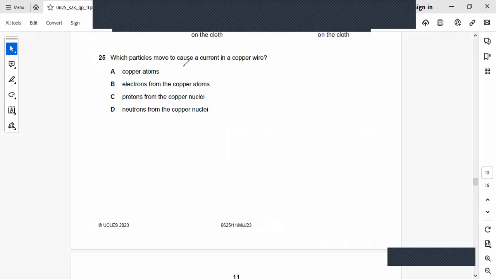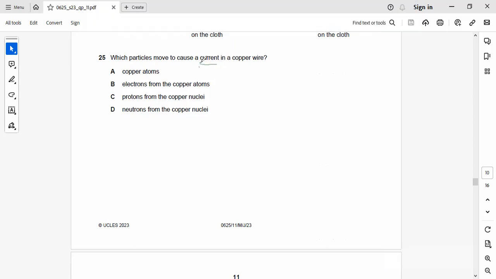Which particles move to cause current in a copper wire? We know current is the flow of electrons. So the current is due to the flow of electrons.